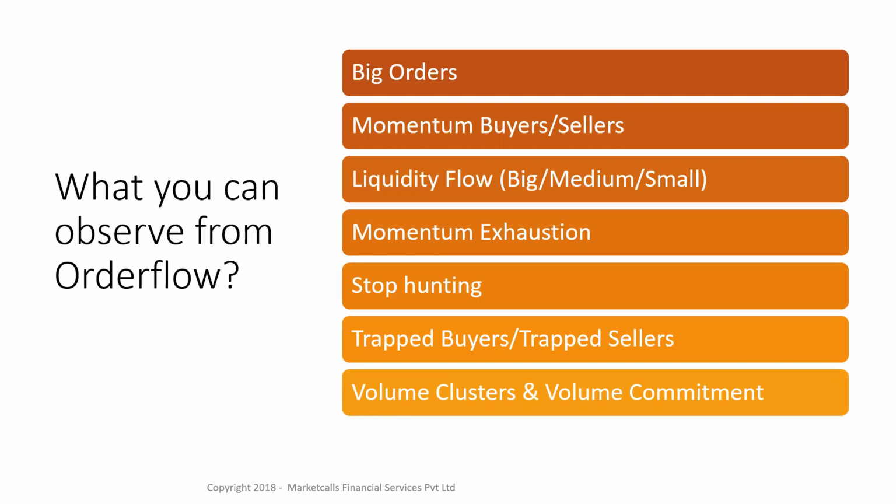Of course, there are places where you can identify where momentum buyers are coming in and where momentum sellers are coming in. You will have a pretty good idea about the volume flow, whether the volume flow for the day is big, medium, or small. Back in February, when the Russia-Ukraine crisis started, extraordinary volumes and extraordinary liquidity flow were observed.